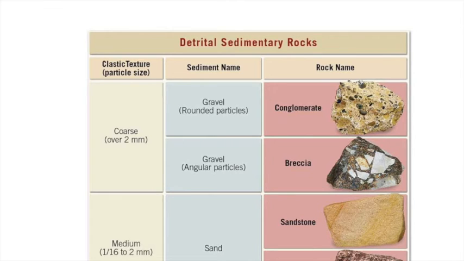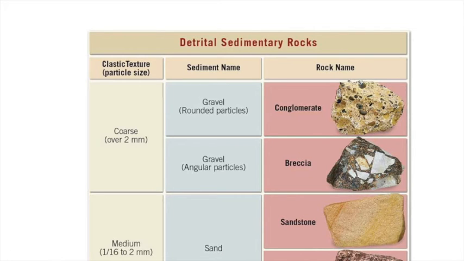Okay, so if they're rounded, which meant that they were underwater, they're being tumbled by a stream. The rounded ones are called conglomerate. Okay, so a conglomeration is just a big pile of stuff that's put together. So a conglomerate rock, really, I think of it as a piece of concrete, but it's natural concrete, where all the different parts were glued together, and you're going to have little rocks in it, and the rounded rocks are called conglomerate.